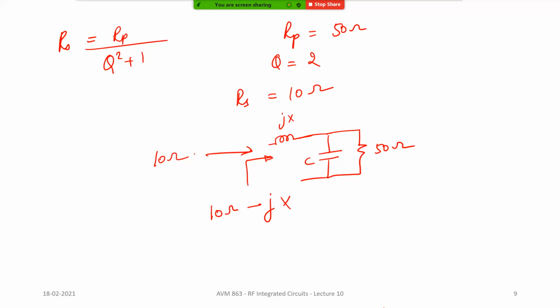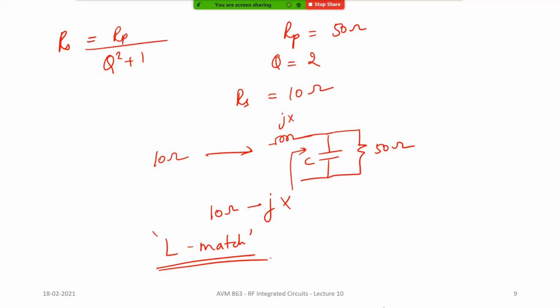And we know that if you do it with a Q factor of 2, it's going to come down to 10 ohm minus J some X. And you add an inductor which has a plus Jx here, so that you have only 10 ohm. This type of matching is what is called an L match. Is this clear? Are there any questions?